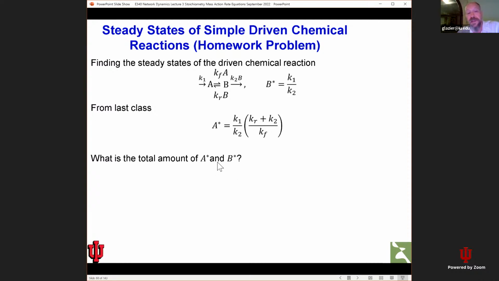What's the total amount of A star and B star? It's K1 over K2 plus K1 over K2 times KR plus K2 over KF. What does that do? I get 1 plus KR plus K2 over KF, times K1 over K2.